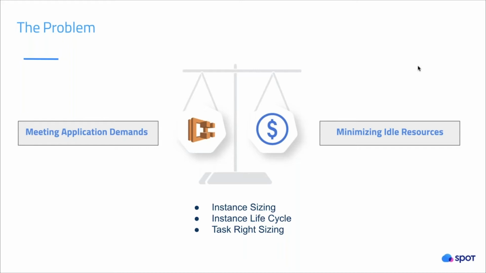Then we also want to make sure we use the right instance lifecycle. AWS today offers your on-demand machines, which you pay as you go, the full price at the market rate. You have commitment models through different types of RIs and savings plans that will give you 30 to 60% off in exchange for committing for 1 to 3 years upfront, or no upfront, but committing to the usage.